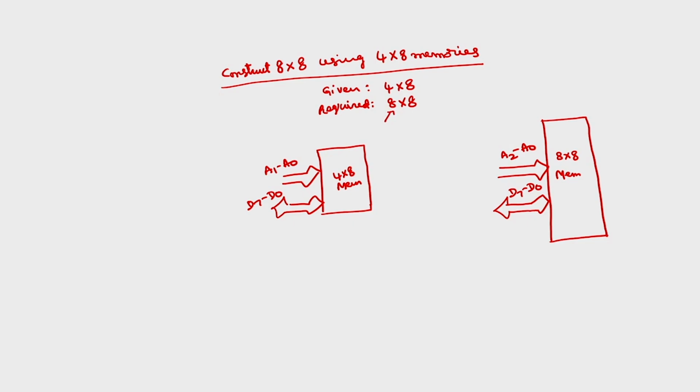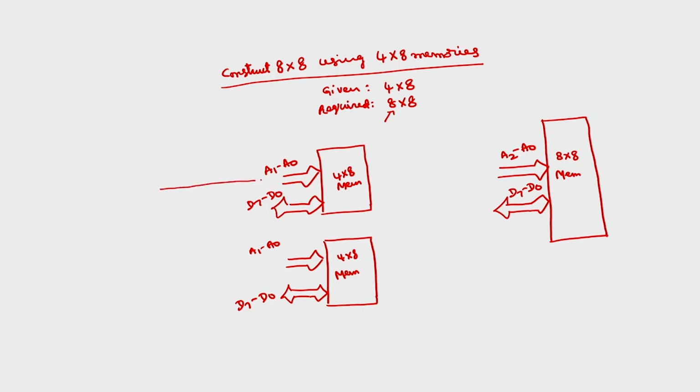So, we require 2 such 4 by 8 memories. Another 4 by 8 memory with the same A1, A0 and D7 to D0. So, this has to be connected together, only a single bus will be available. In fact, these two also are connected to this.